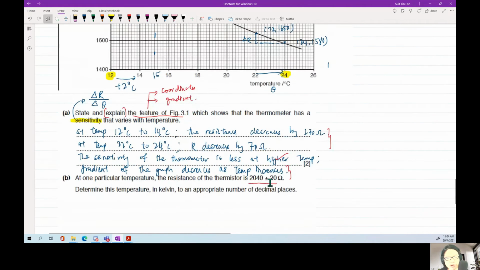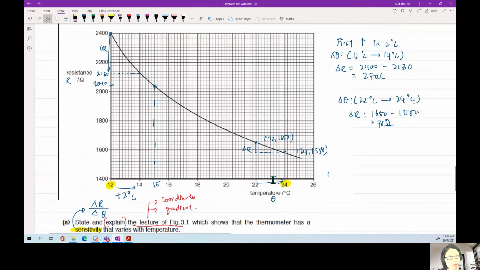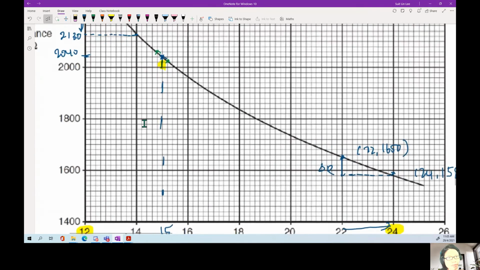But they say 2040 plus minus 20. So plus 20 will be up here, because this is 2060. Minus 20 will be here, because this is 2020. So I think you can plus minus these two boxes. Let me zoom in a bit so you can see.